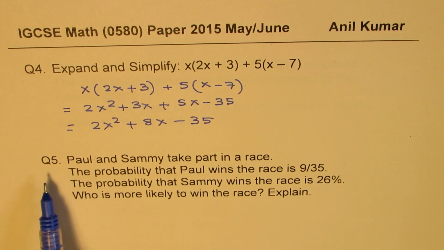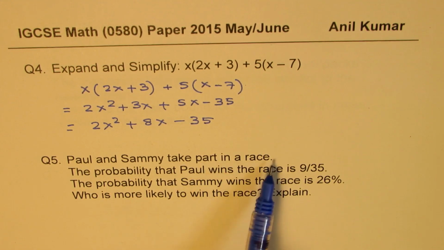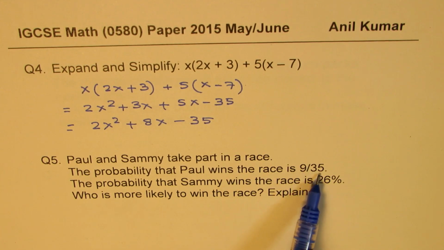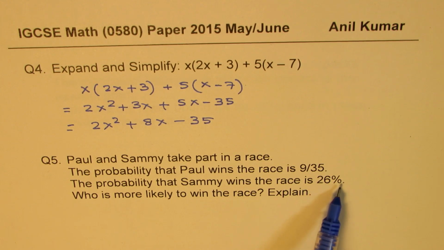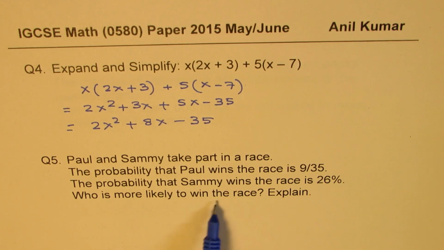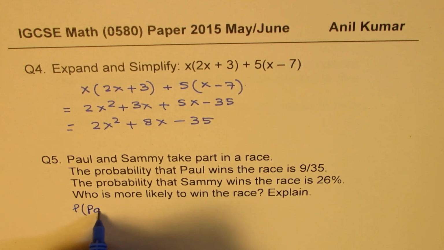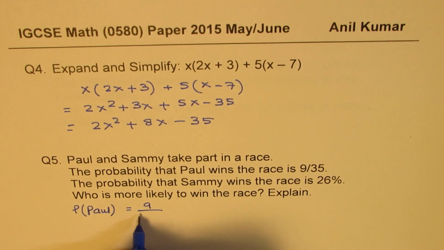The fifth question here is, Paul and Sammy take part in a race. The probability that Paul wins the race is 9 over 35. The probability that Sammy wins the race is 26%. Who is more likely to win the race? So probability for Paul is given to us as 9 over 35.